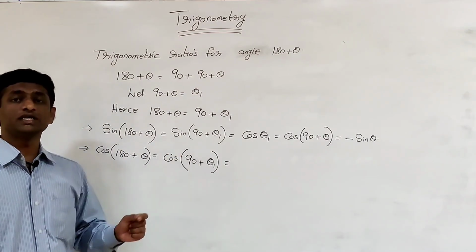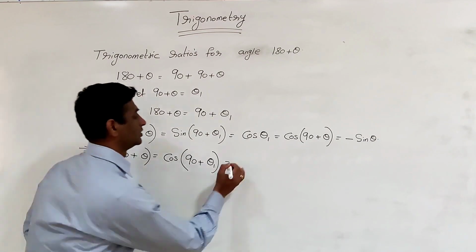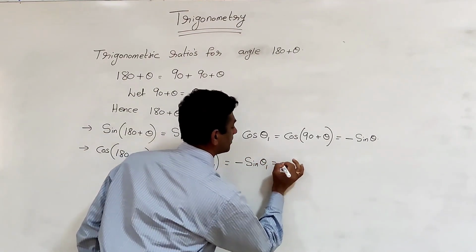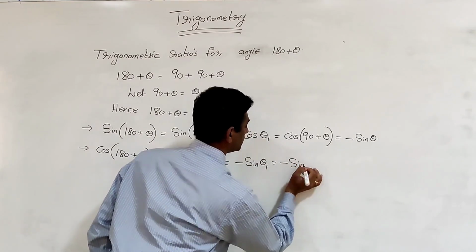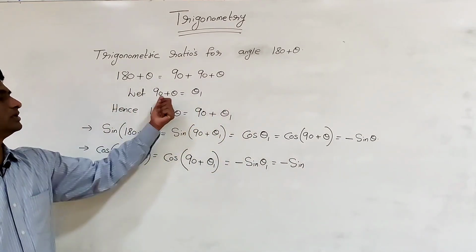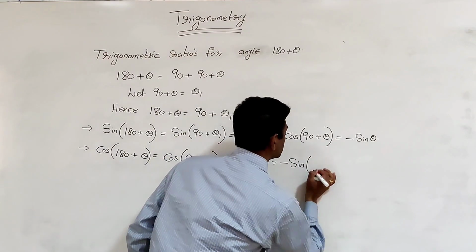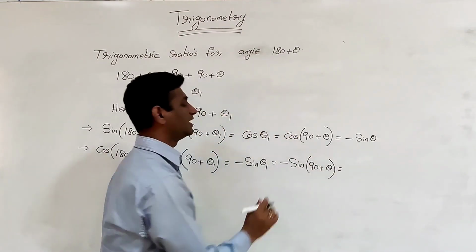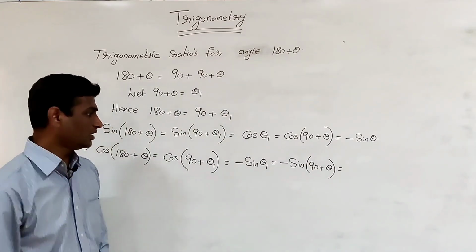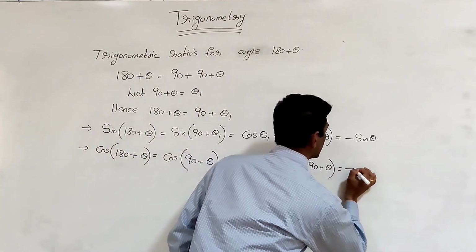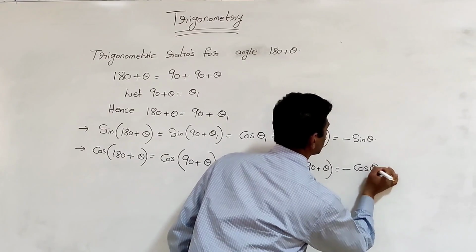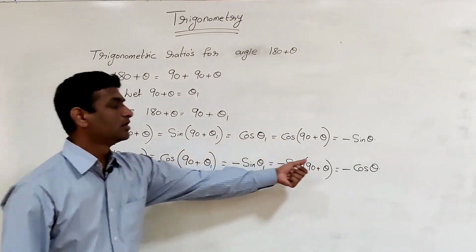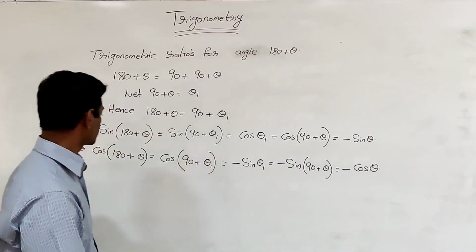Cos of 90 plus theta is minus sin theta, so it will be minus sin theta 1. Replace it with the original, 90 plus theta. So sin of 90 plus theta is cos theta, and as there is a minus, we have minus cos theta. So cos of 180 plus theta is minus cos theta.